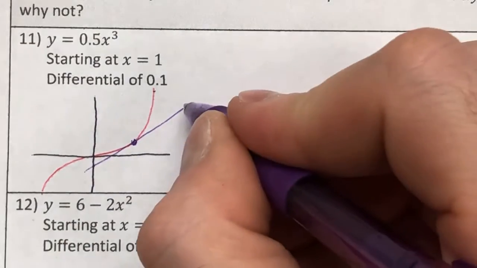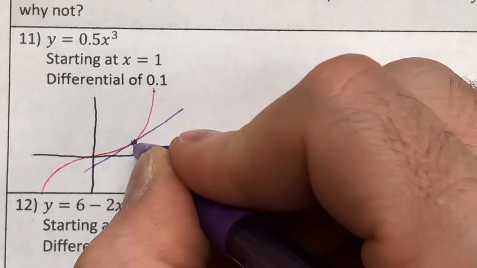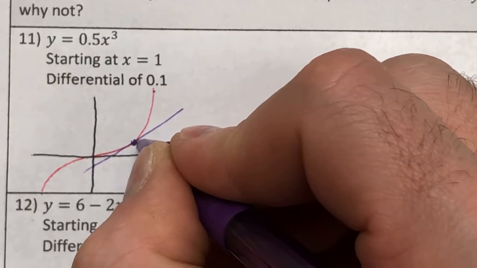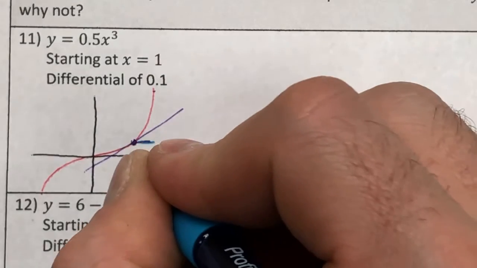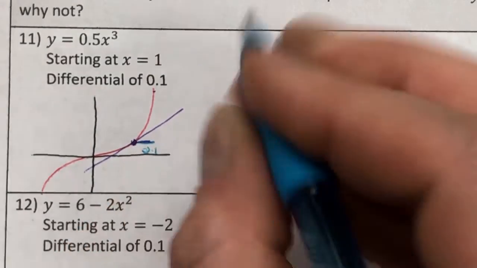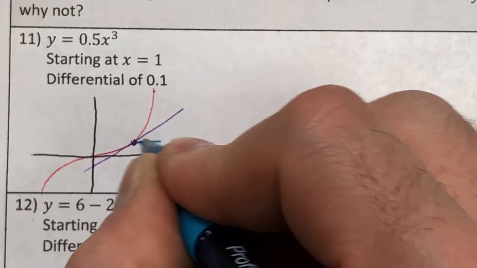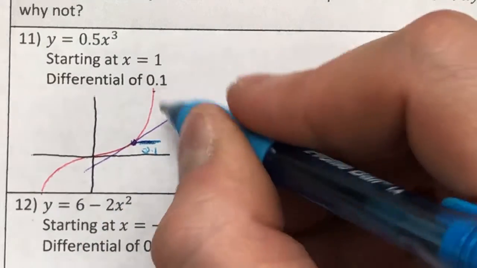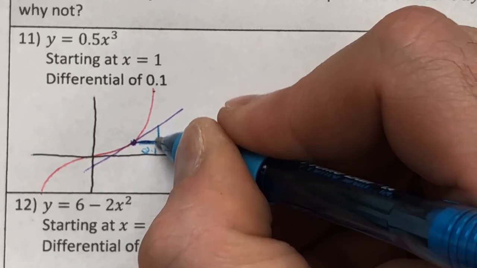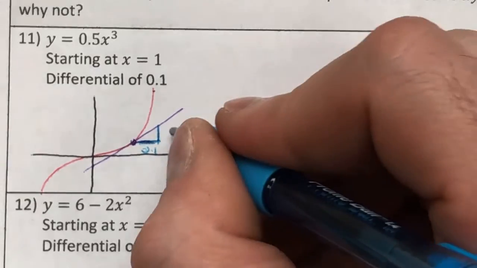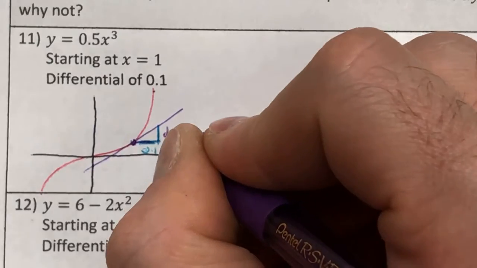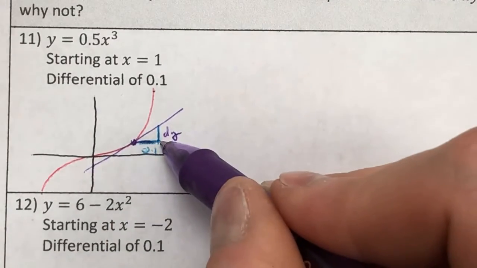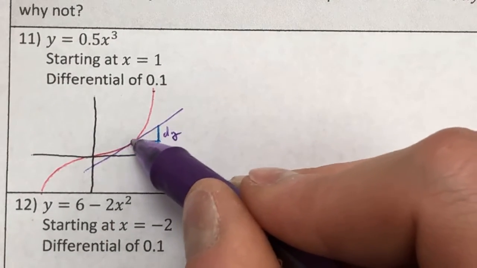Well, if I use my tangent line to estimate that, let's move out, actually let's do this in blue, a total of 0.1 units out. I'm just going to make that as big as my numbers. I'm going to say, okay, what is the expected change? Now this expected change is going to be what we call the differential of y. If I move out, what am I expecting given this rate of change?